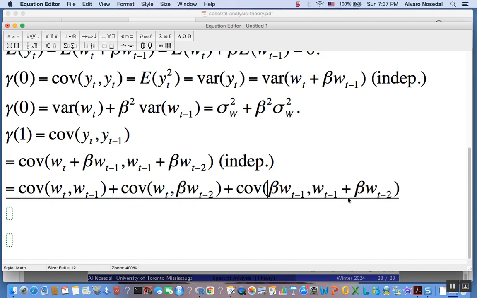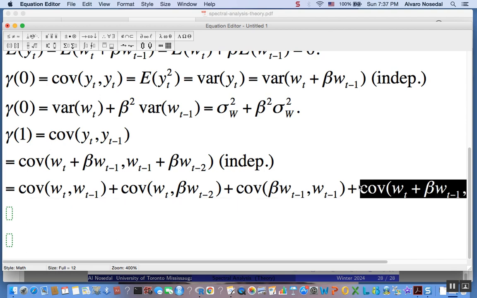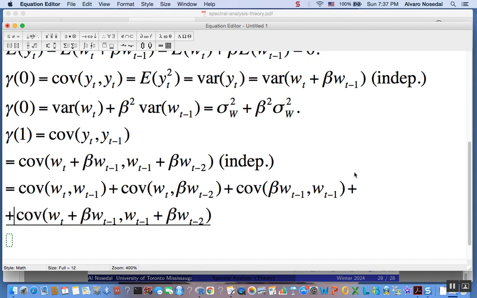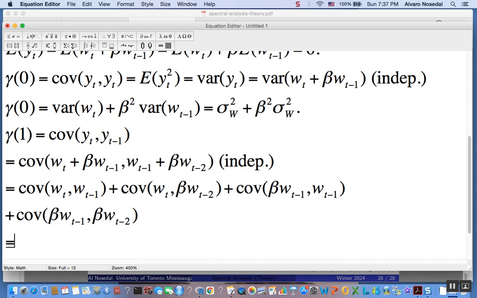So we have this one, and we have wt minus 1. And then finally, we have beta wt minus 1 and beta wt minus 2. Okay, so let's do that one. Let me place it below so you can see it. So beta wt minus 1, beta wt minus 2. Agreed?